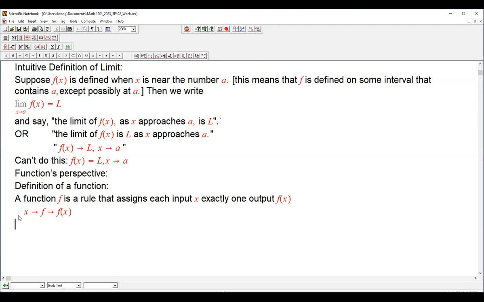Well, x approaching a number a may or may not be in the domain, because the statement says f is defined on some interval that contains a except possibly at a. So x is approaching a.